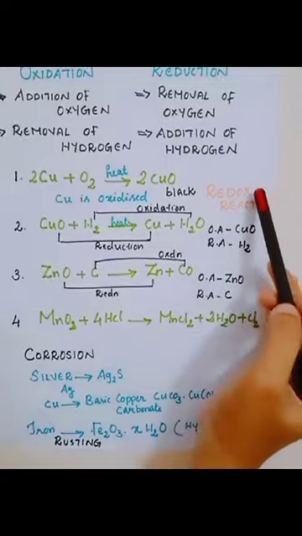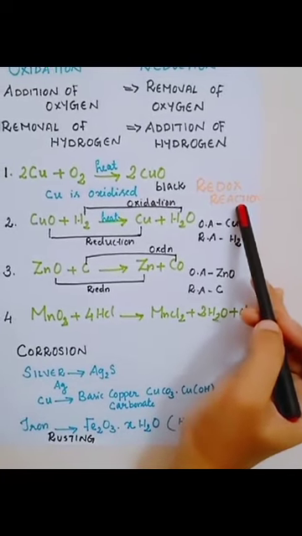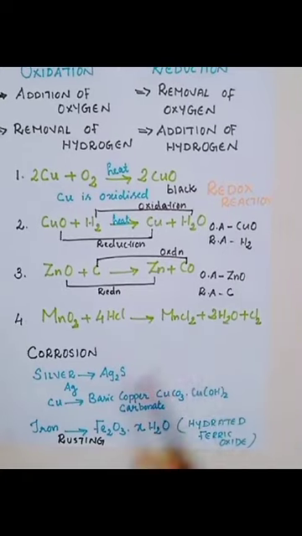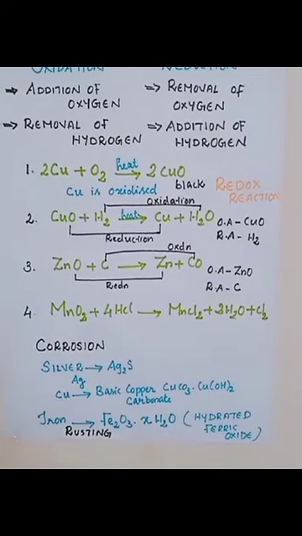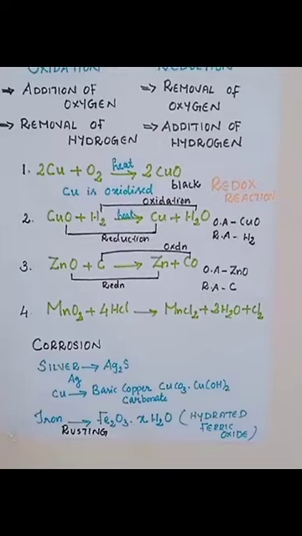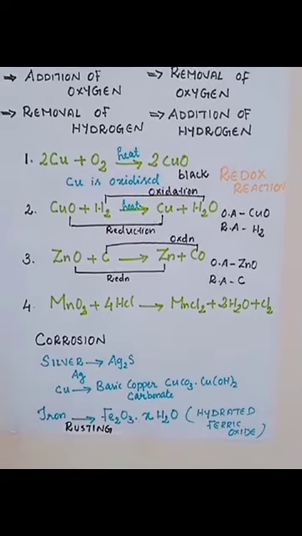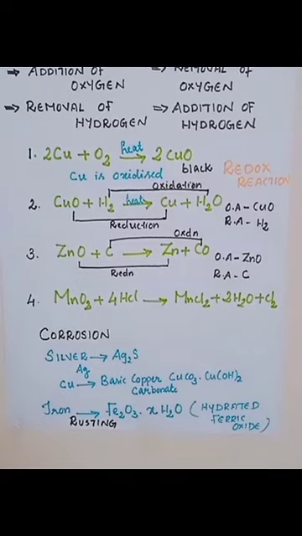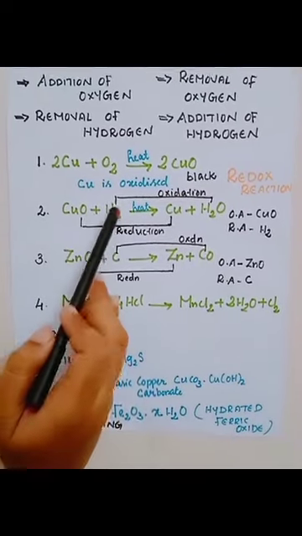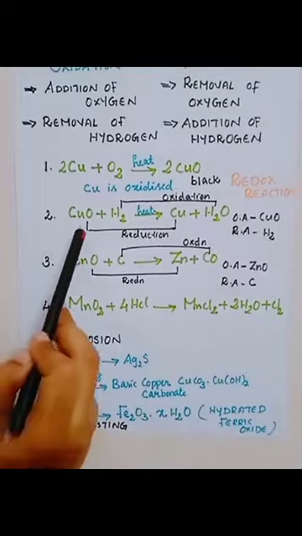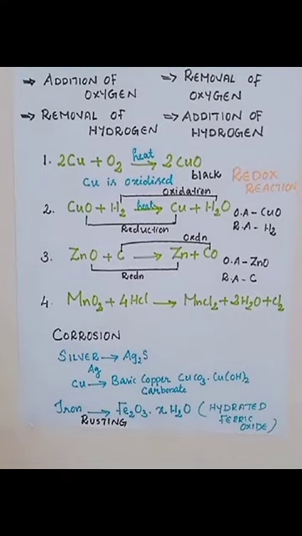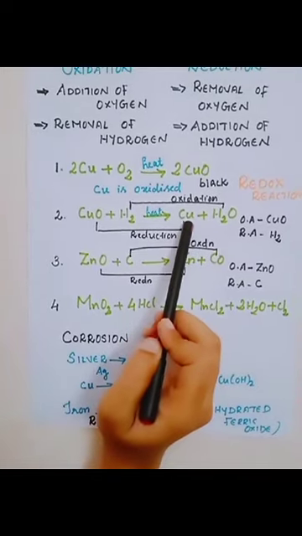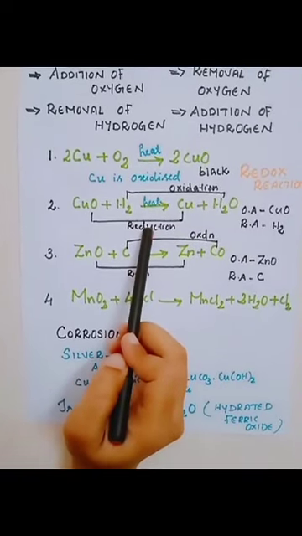Reactions in which both oxidation and reduction take place simultaneously are called redox reactions. In a redox reaction, one substance undergoes oxidation and another undergoes reduction. Here, copper oxide changes to copper, therefore it is undergoing reduction.